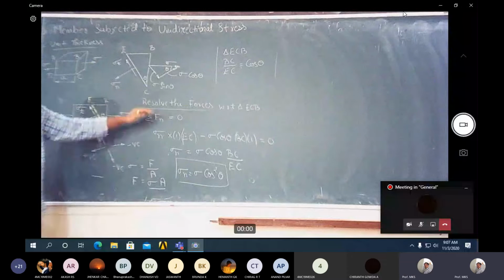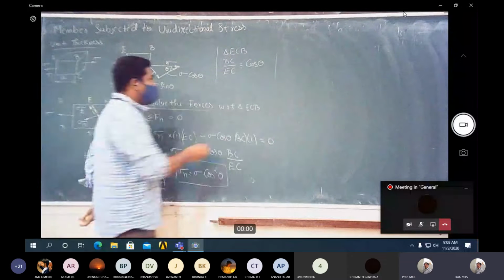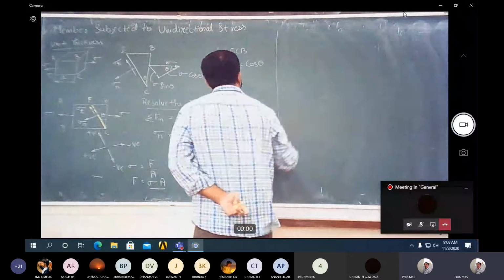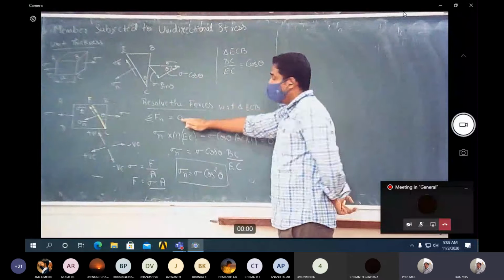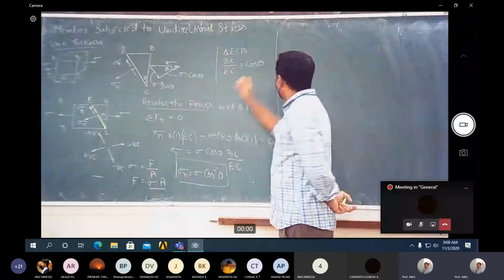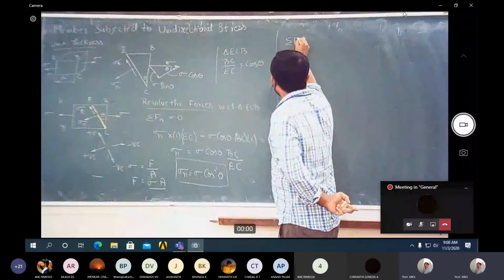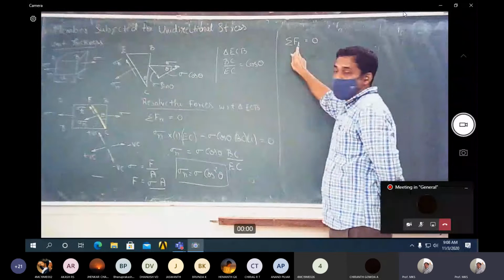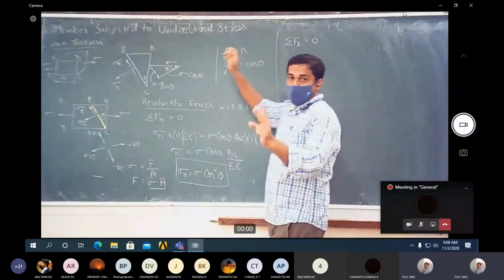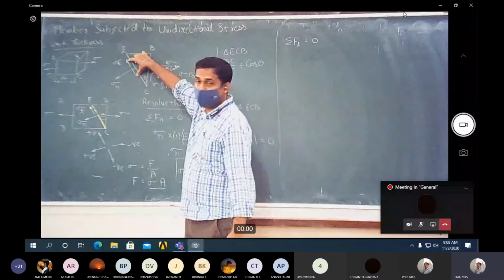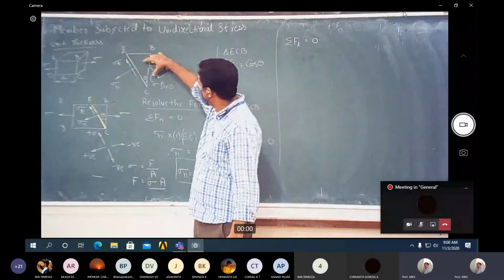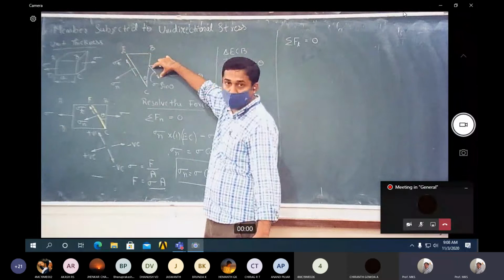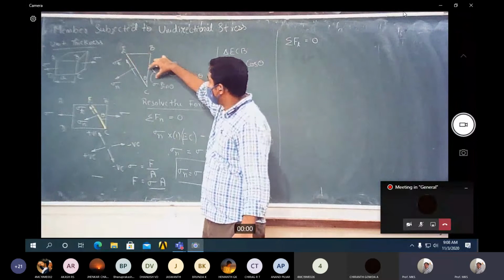Now we need to find it for tangential stress. It is the same. Resolve by taking the sum of all the tangential forces, that is Ft, sum of Ft is equal to 0. Here there are two tangential forces. One is sigma T, and the force parallel to it is the component sigma sine theta.